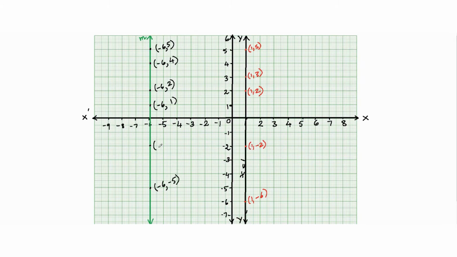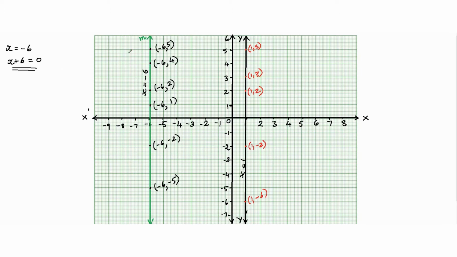For the point lying here, the x coordinate is -6, the y coordinate is -2. So you will notice that all these points have their x coordinate equal to -6. So I can say that the equation of this line is x equals -6. x equals -6 can also be written as x plus 6 is equal to 0, right?